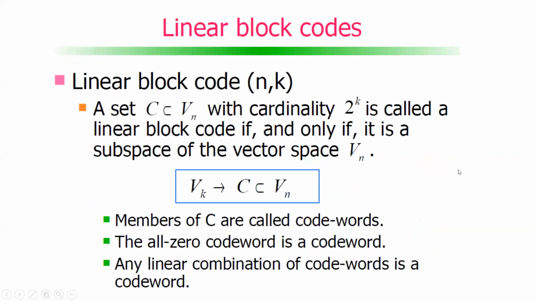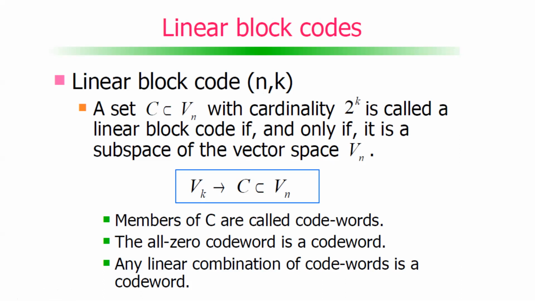As an example, let's say this is my linear block code (n, k). If I select n as 4 and k as 2, how many possible combinations of bits are there at the input? 4 combinations. And my n is equal to 4, so how many possible combinations are there? 16. 4 combinations at the input, 16 combinations at the output.